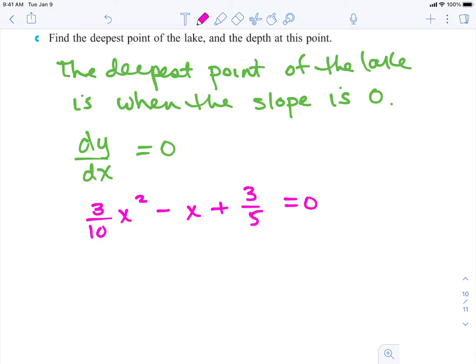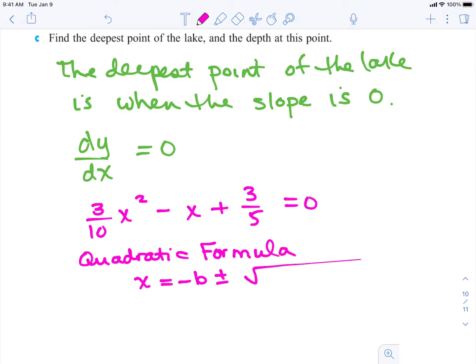One way we can do this is to use the quadratic formula: x equals negative b plus or minus the square root of b squared minus 4ac, all over 2a. Or we are allowed to use our graphing calculator.